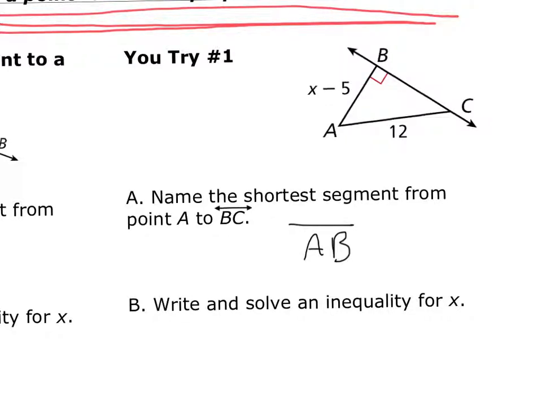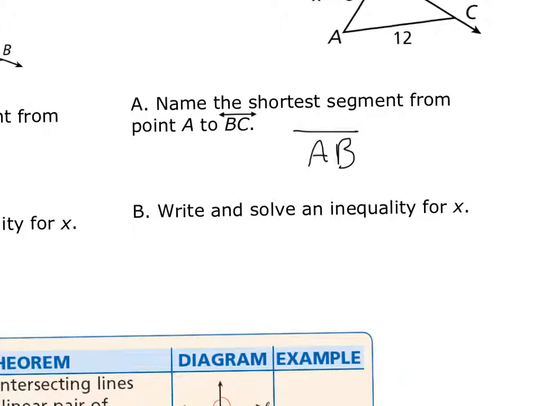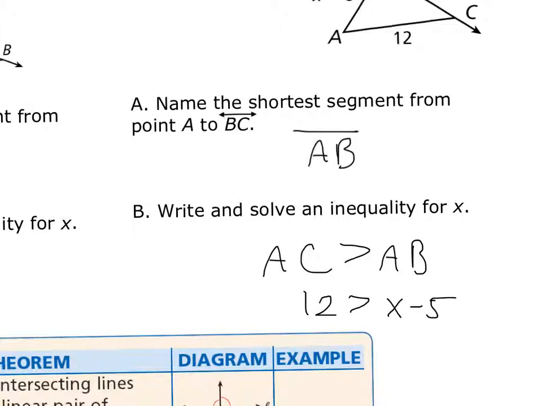Once again, we want to write our inequality to represent this scenario. So we know AC is longer, so AC would be greater than AB. And then we could plug in our information again. We knew that AB was x minus 5, and that's less than our AC, which is 12.